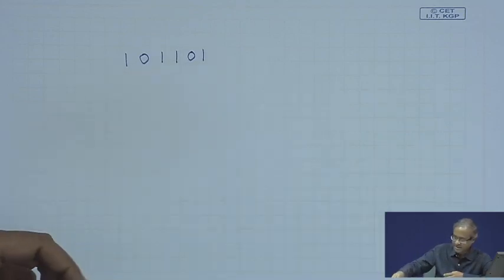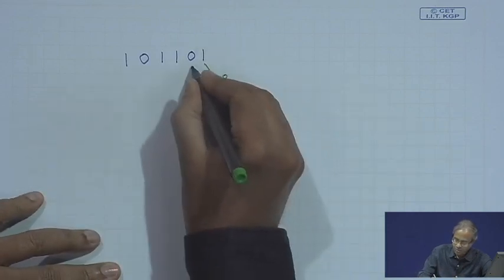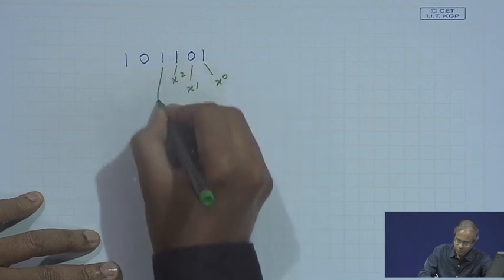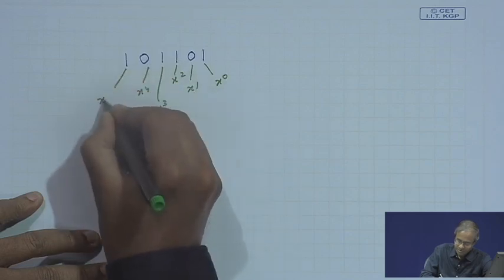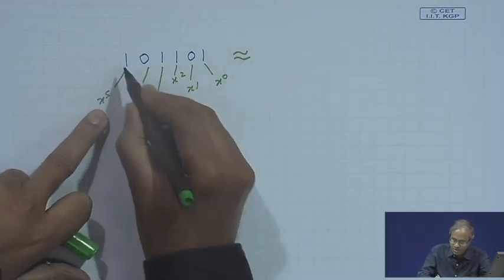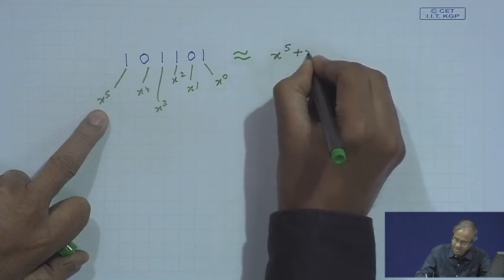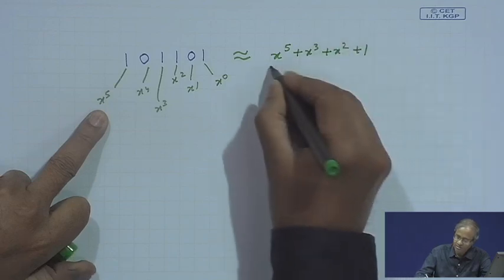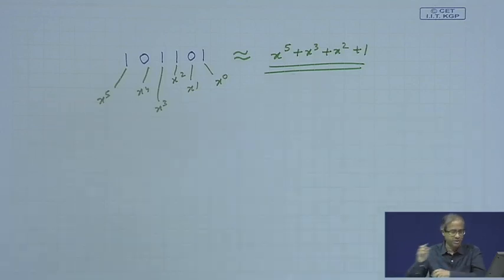Every bit position can be regarded as the coefficient of a polynomial: x to the power 0, x to the power 1, x to the power 2, x to the power 3, x to the power 4 and x to the power 5. So, this bit pattern we can express as a polynomial, just take the ones: x to the power 5 plus x to the power 3 plus x square plus 1.